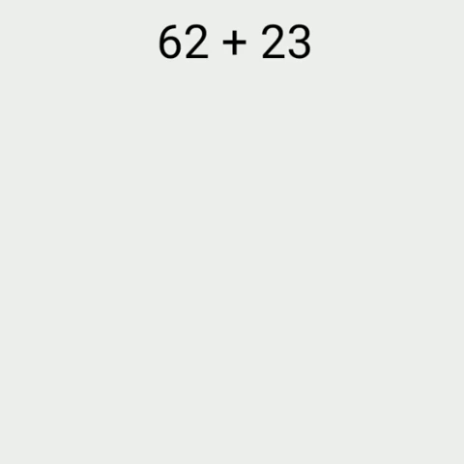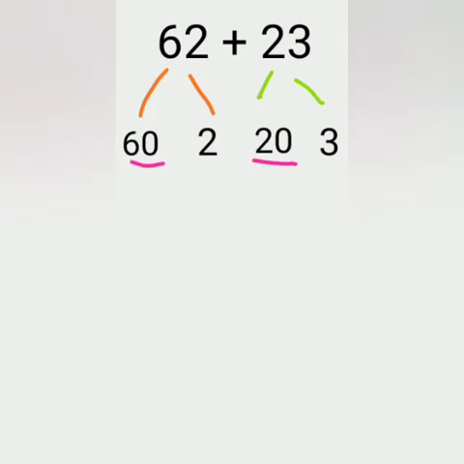Now we're going to look at another one. 62 add 23. We're going to do it the same way as before. You ready? 62. We need to divide that. 60 and 2. 6 tens is 60 and 2 ones is 2. 23. 20 and 3. Add the 60 and the 20.